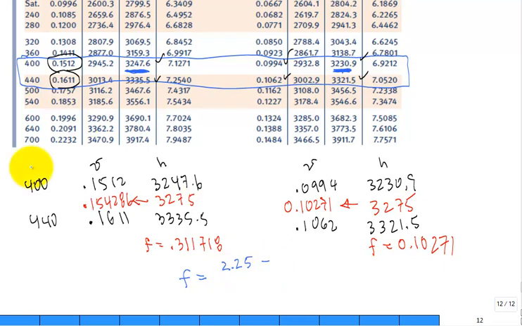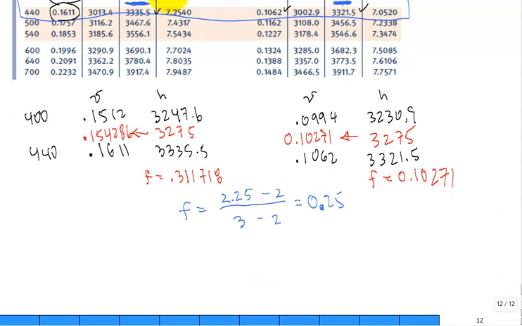Our lower pressure block on the left side is at 2 megapascal, and our higher pressure block on the right side is at 3 megapascal. So our fraction of interpolation with respect to pressure comes in at 0.25, 25% of the way. Hence, I'm just going to finish this out right here, that we're looking for our specific volume.